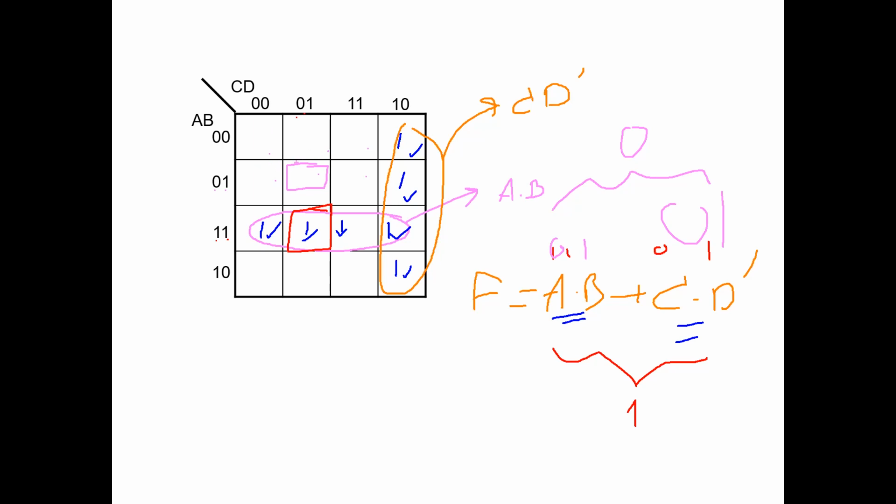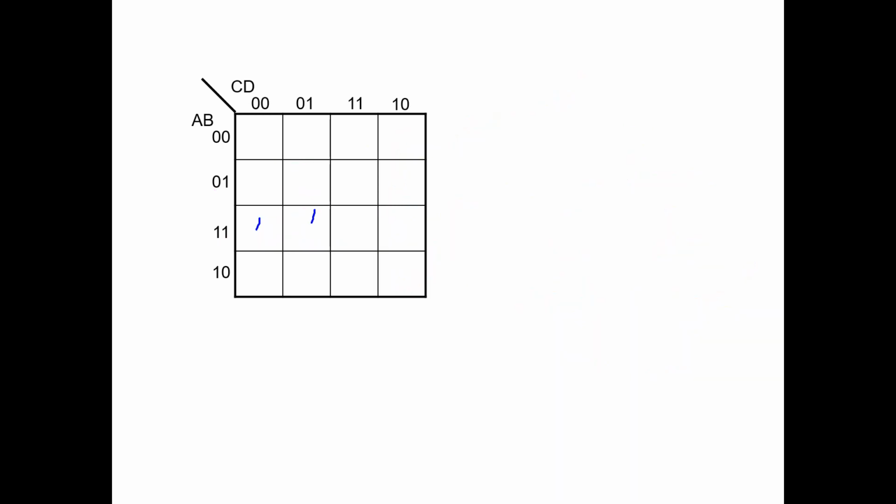So if you want the function to give logic 1 output in this cell, this cell, this cell, and this cell, you must select all of these logic 1 outputs, right? You must select all.